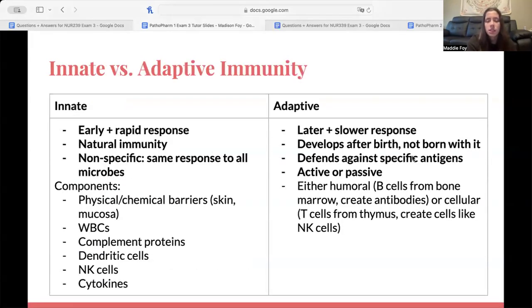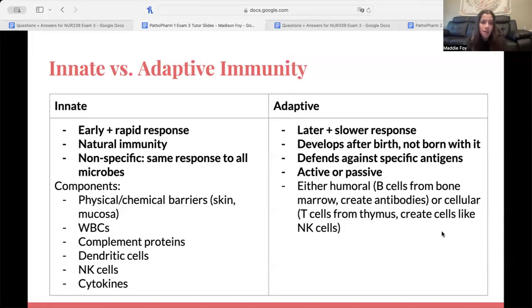Alrighty, so first is innate versus adaptive immunity. Innate immunity is that early and rapid response. It's natural and it's non-specific. So when your body has an invader of any type, your body responds with innate immunity. This immunity process consists of your physical or chemical barriers, which is what we talked about with skin, mucus, the GI secretions, the acid in your tears.